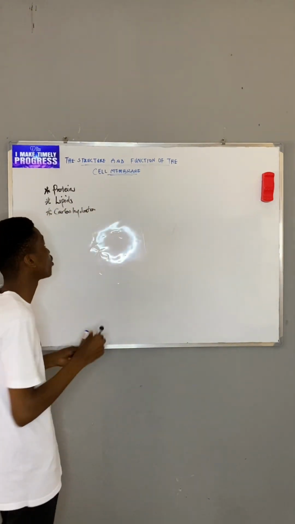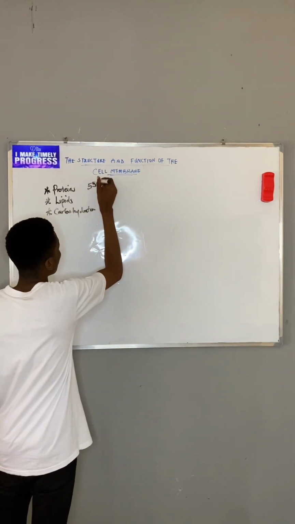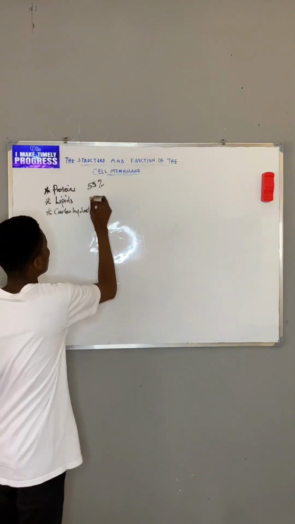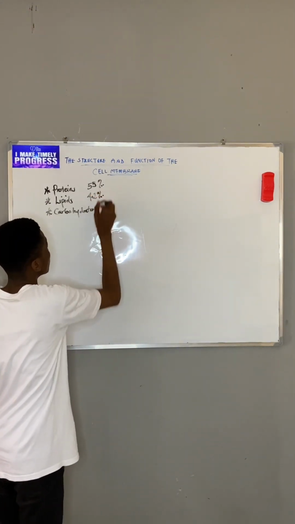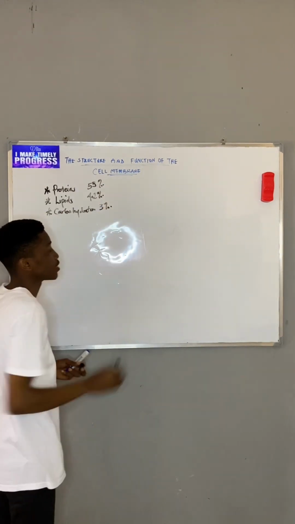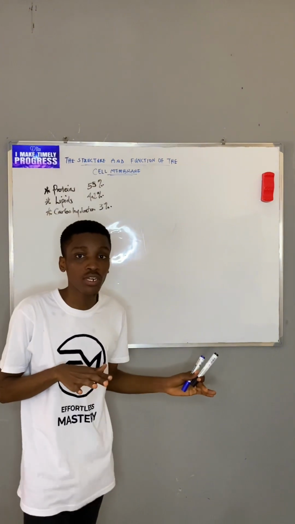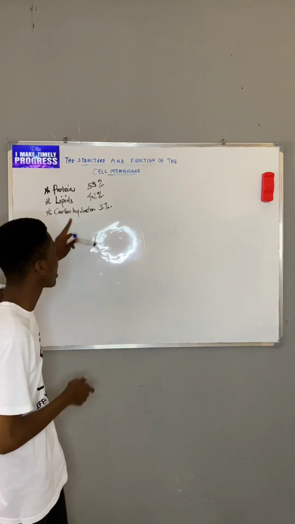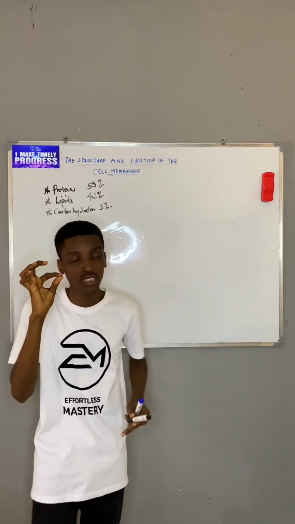The protein is the most abundant, having about 55%. The lipids, on the other hand, are second, 42%. And then the carbohydrates are the fewest, just 3%. So protein is 55, lipids 42, and carbohydrates just a small fraction, 3%.